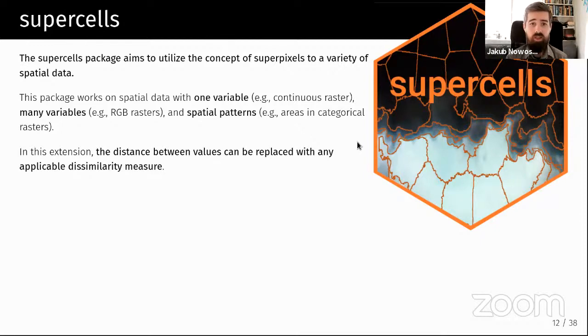The main idea here is that we can work with one variable, many variables, or so-called spatial patterns. A little bit more about that in a few minutes. Here we have more control over the distances or similarity measures between our values.